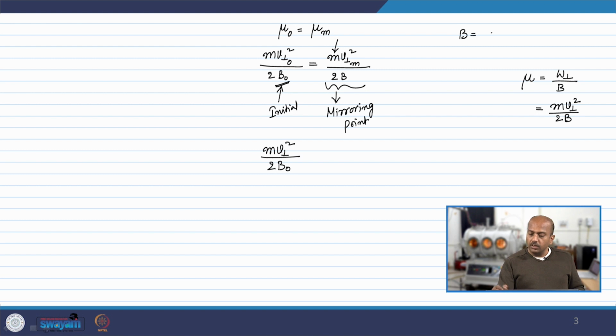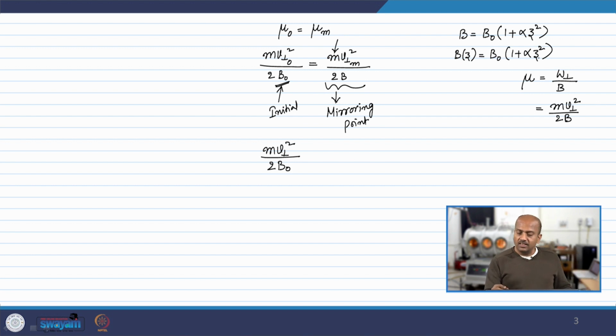Now, B is written as B naught times 1 plus alpha z square, right. B, which is a function of z, B naught 1 plus alpha z square. Now, according to the stem of the question, when z is 0, the particle has a velocity v at a pitch angle of alpha naught.